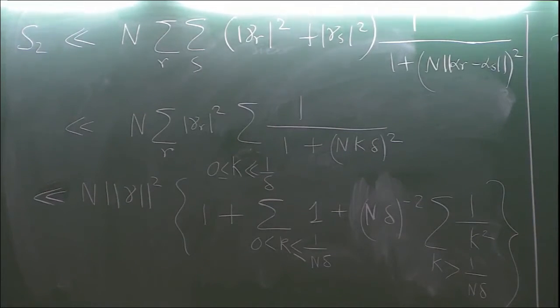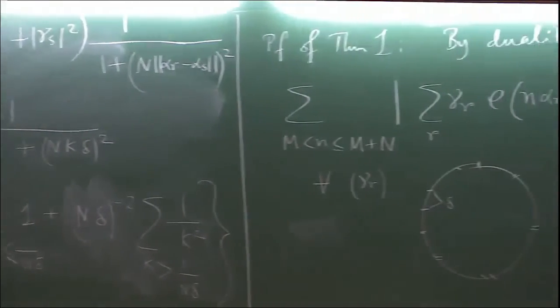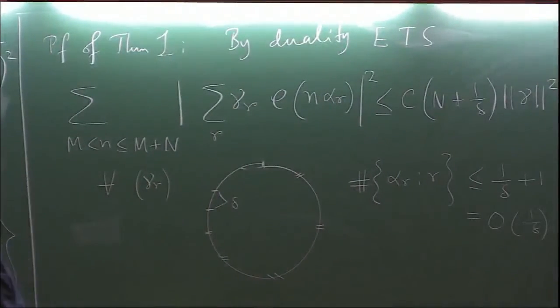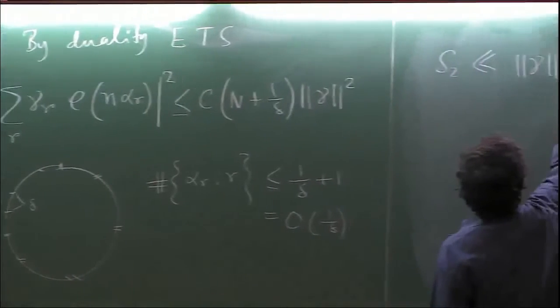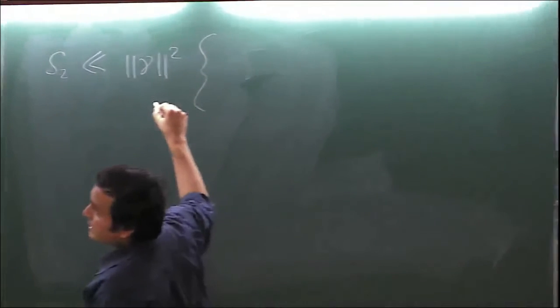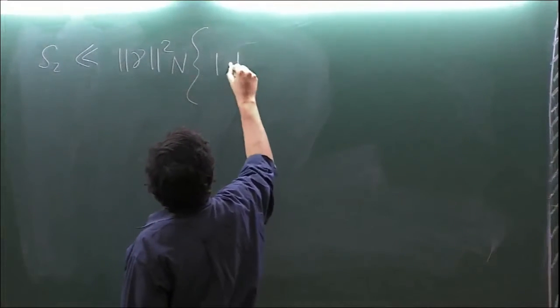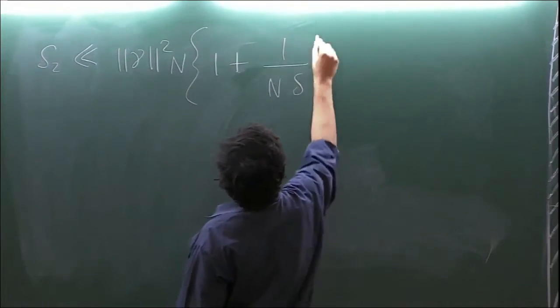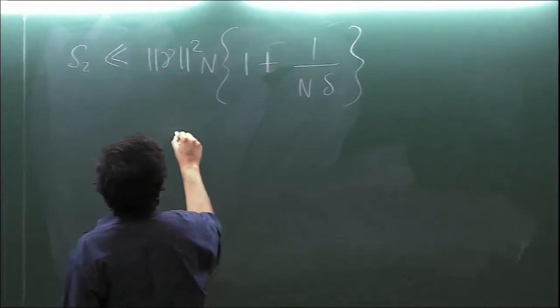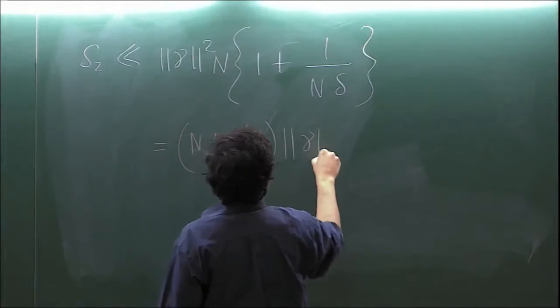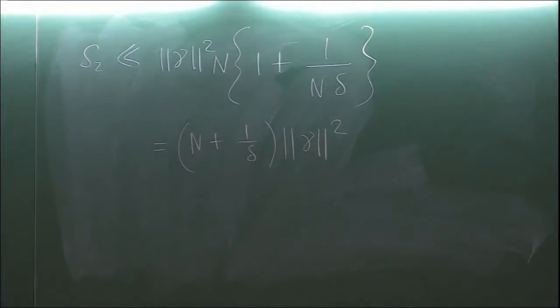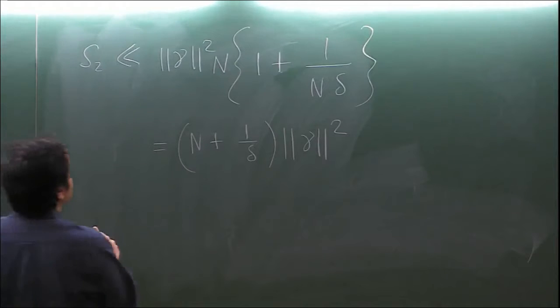So S2 is less than 1 plus 1 upon n delta. So there is an n outside. So this is n plus 1 by delta into norm gamma square. And we had S1. S1 was very small. So I can now put it, and that will be absorbed by this, so I don't need to worry about it.